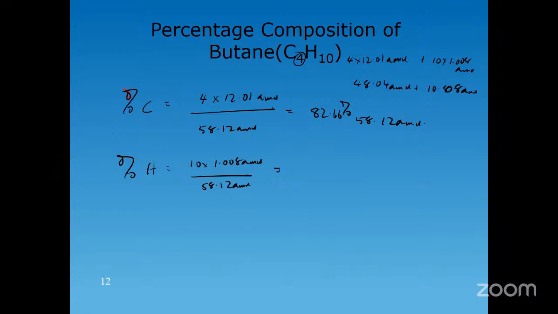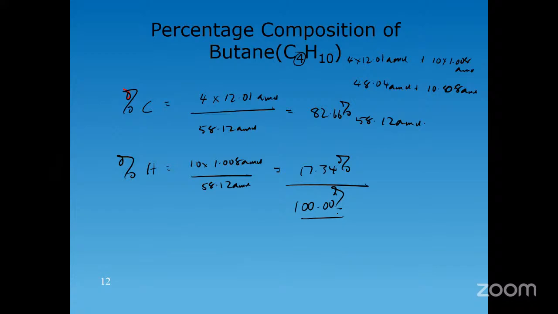And the answer I got here is 17.34%. And of course, since these are the only two elements present, if you add both of those percentages, you should get, if not exactly 100%, a number very close to 100. So if you add 82.66 plus 17.34, I got exactly 100.00%, right? So that's basically how you deal with determining the percent composition of a compound, right?